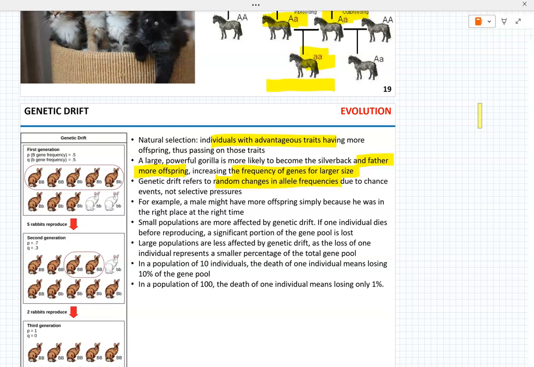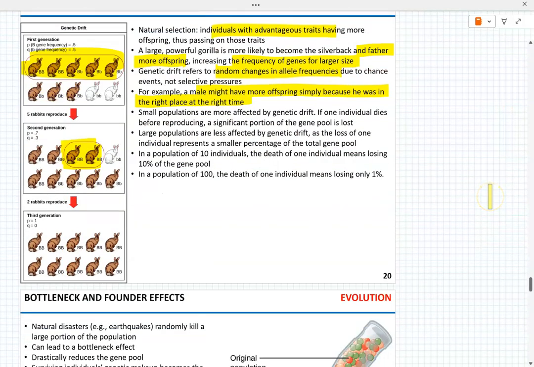So for instance, these 5 rabbits mate and other 5 don't, because they are in the proper place at the proper time. And then these 2 mate, and that completely excludes, as you can see, the allele for albino from the population.